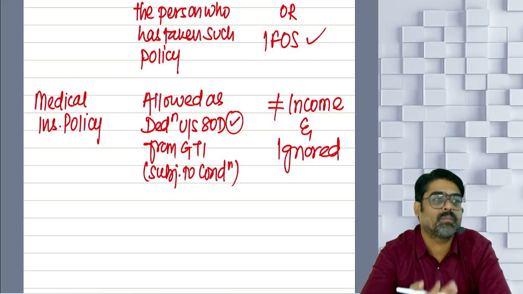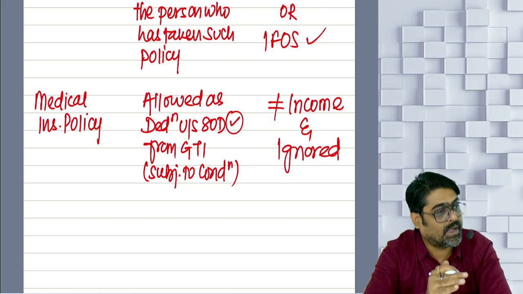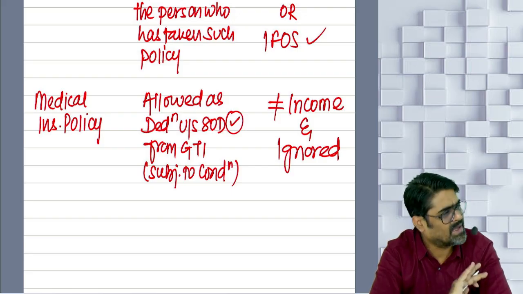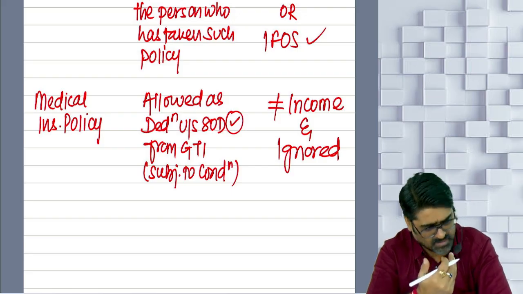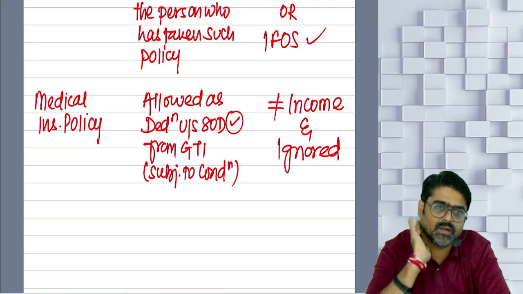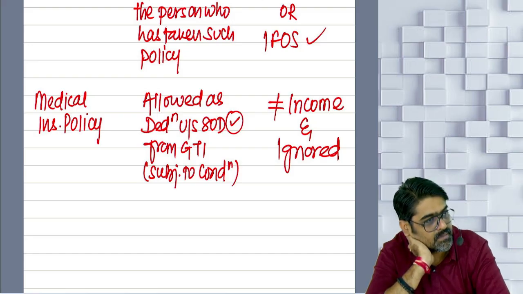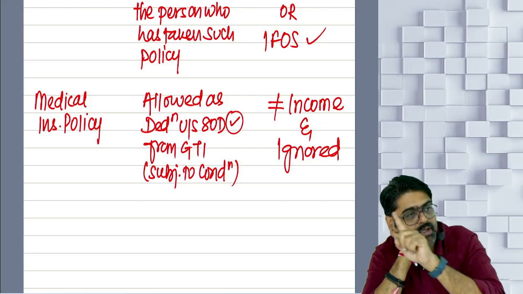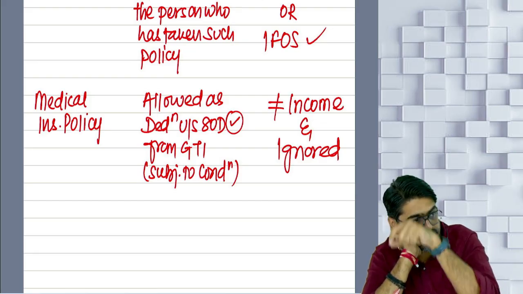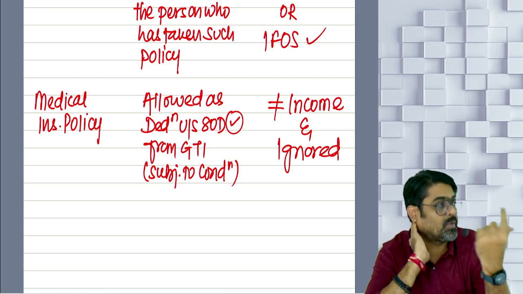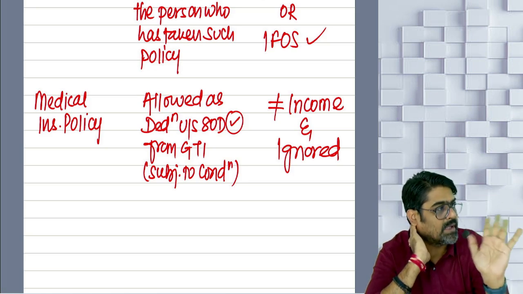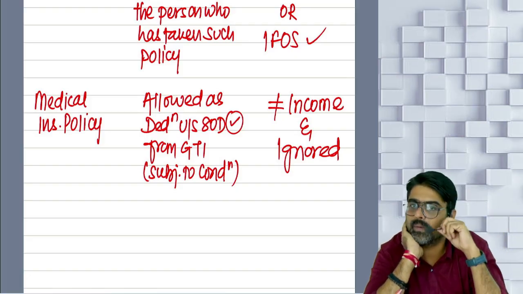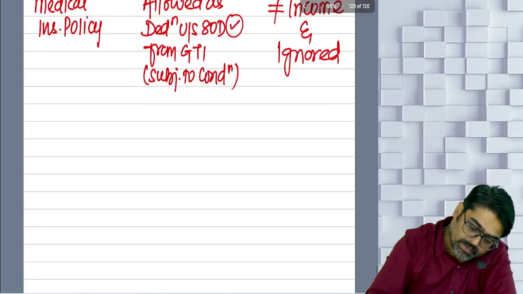If the insurance company is not giving you that amount but itself incurs the expense, then also it is a benefit, but that benefit is not treated as your income, not taxable under the Income Tax Act. Will you remember this? So premium paid will be allowed as a deduction under 80D, but if some amount comes from the medical insurance policy, that amount is not taxable as your income. Ignore that amount. Will you remember? Next one. Then which policy?